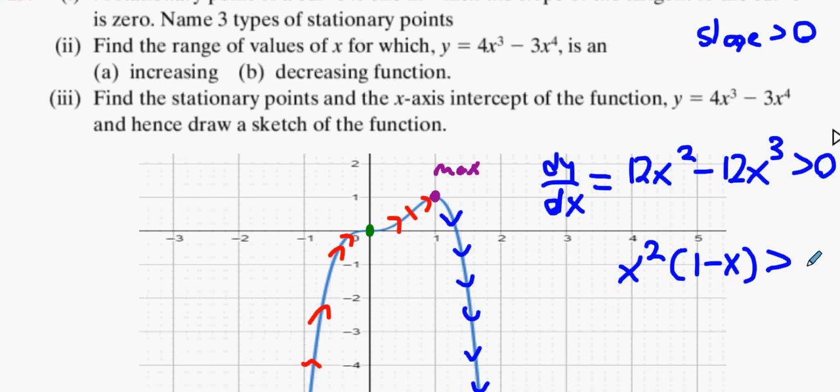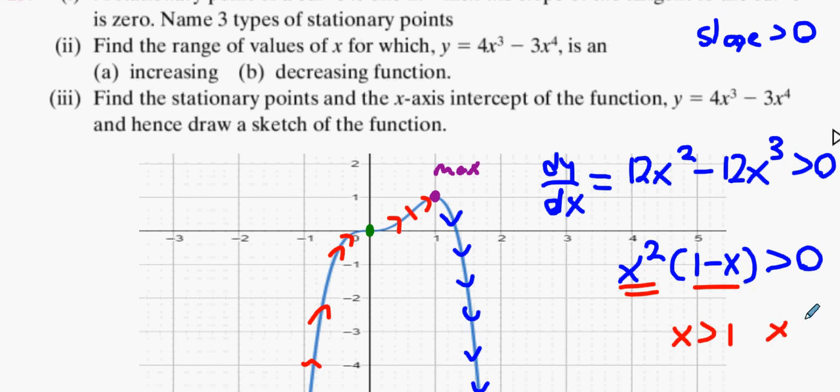Now, bigger than 0 means it's what? Increasing, isn't it? So, why does the x squared not matter? Always positive. Or 0 or positive. Okay? What determines if it's positive or negative? If x is bigger than 1, what does that mean? Overall it's negative.